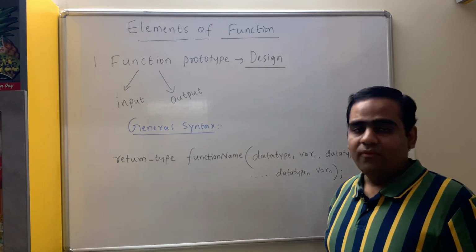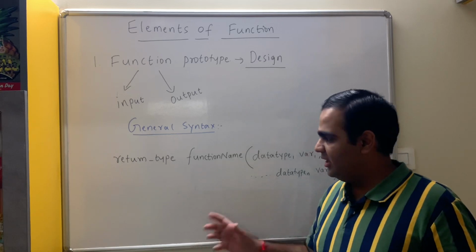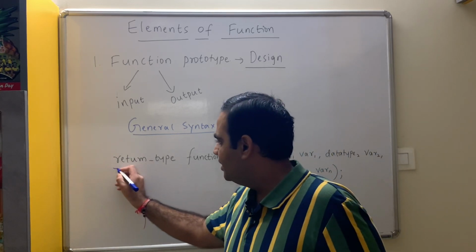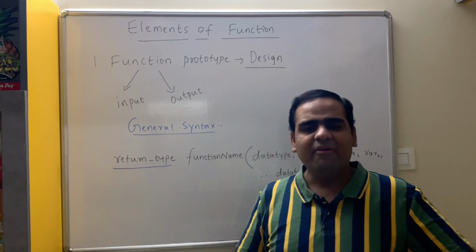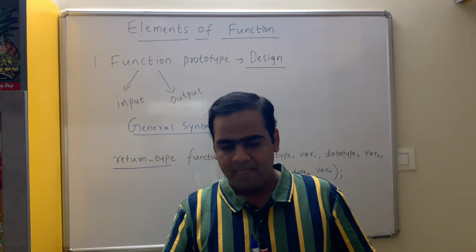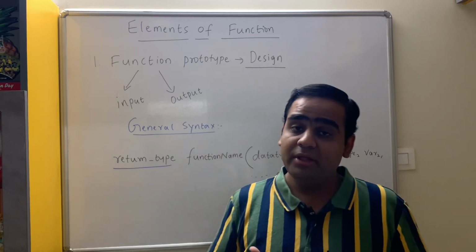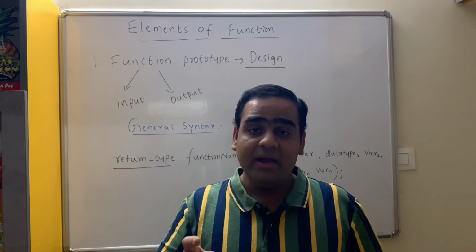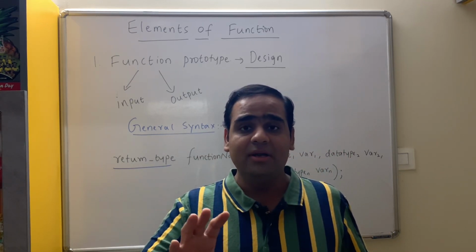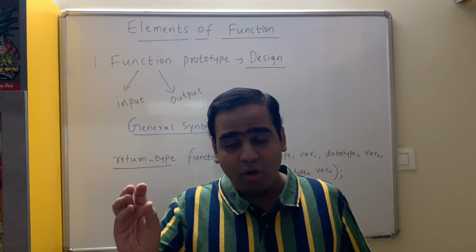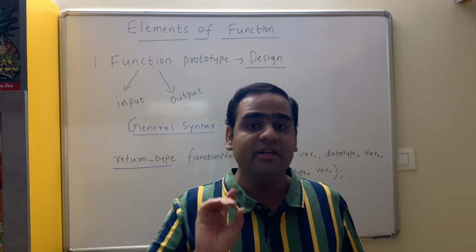Let's see what this function prototype says. Return type means what the function returns after it computes the answer. For example, in the previous video we have seen 2 plus 3 is 5. The answer given by the calculator was 5, and 5 was of integer data type.